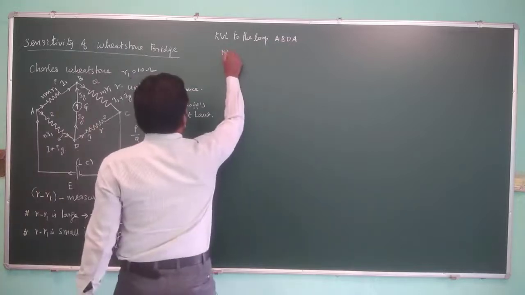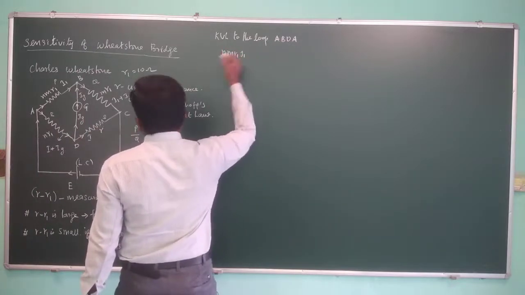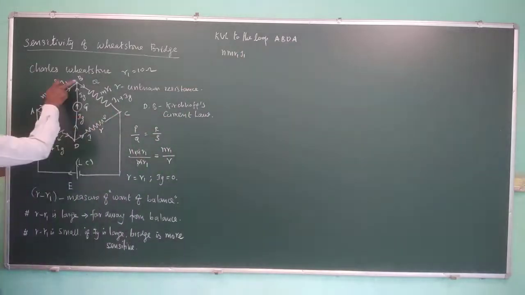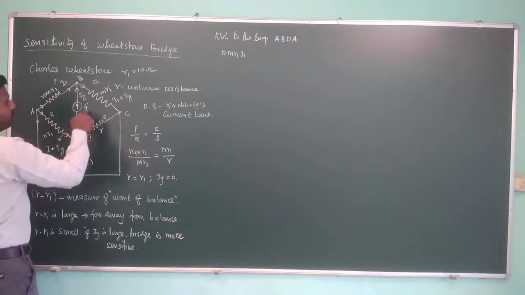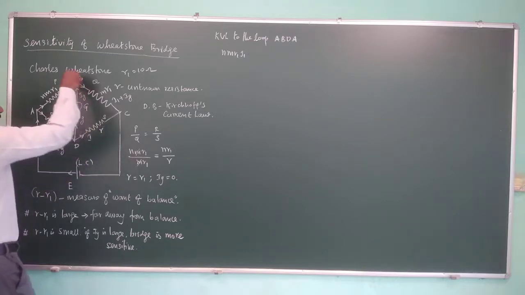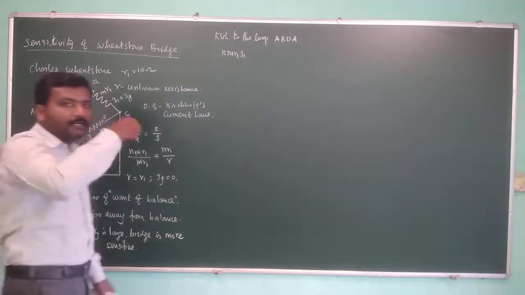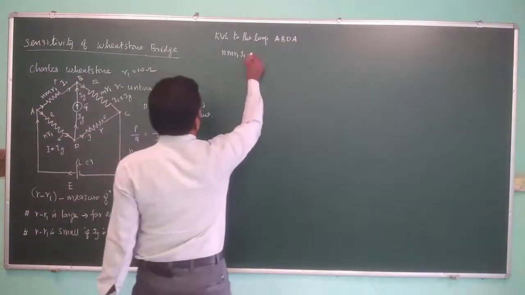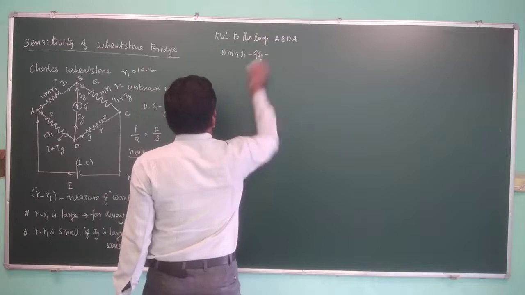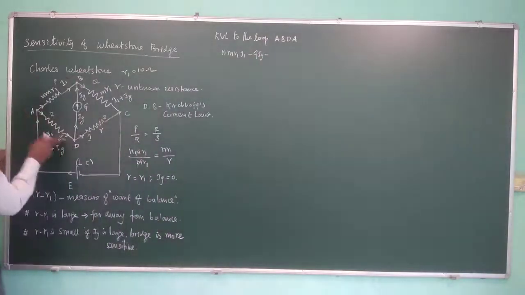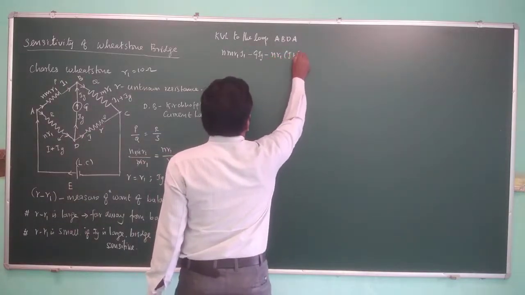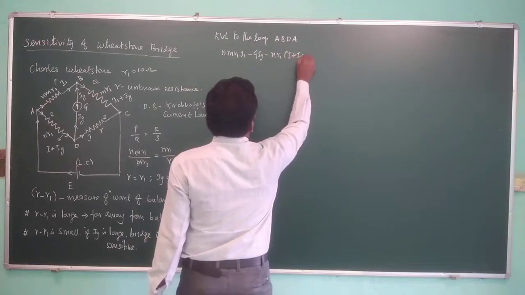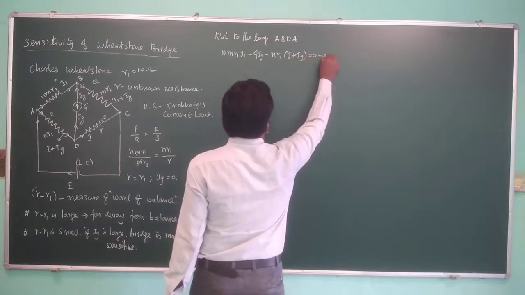NMR1 multiplied by I1, in the direction of the flow of current, so this is plus. And in this line, G into Ig, you have to put minus sign because we are moving opposite to the flow of current, so minus G into Ig. Then here also we are moving against the direction of the current, so minus NR1 into I plus Ig, which is equal to 0. This is equation number 1.